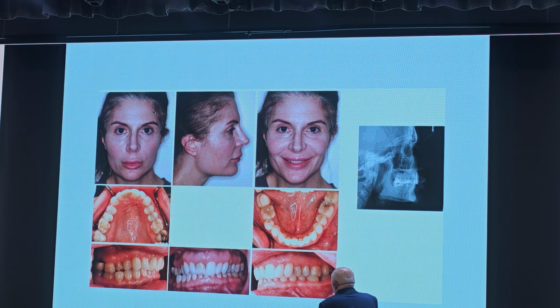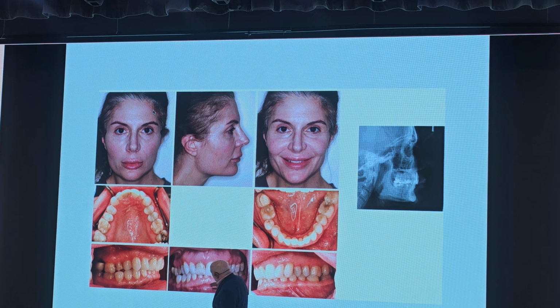So what do we want to do in this patient? Well, this side is class 1, that side is messed up. What we want to do is intrude these teeth this way, and then we want to intrude these posterior teeth that way. We want to extrude the lower teeth up this way. So you see that?